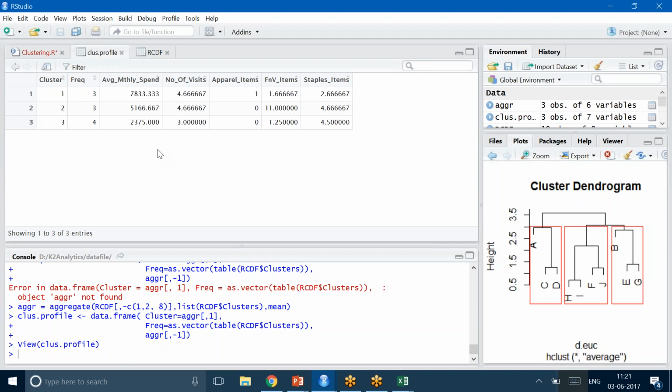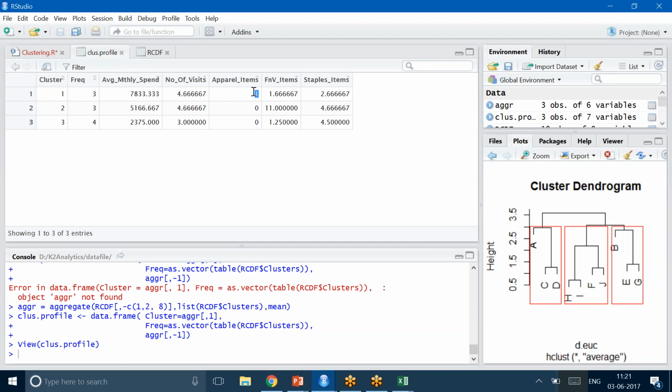Okay, so here I've got more continuous variables, so I have to go either with the mean statistics or the median. The code is written with respect to the mean. When I see cluster 1, there are 3 records, basically 3 customers belonging to this profile. The average spend of them is 7,833. On average, they visit 4 to 5 times in a month. Are they apparel buyers?